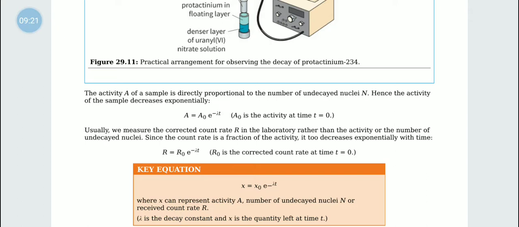A is equal to A0 e to the power negative lambda t. A0 is the activity at time t equals 0. Then the activity after time t is A.